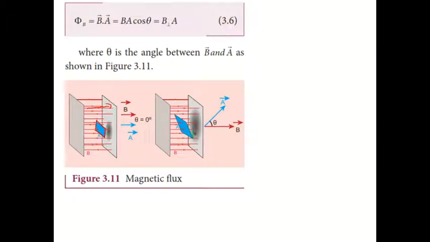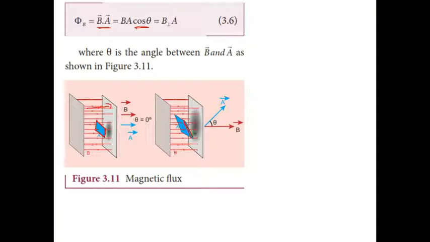So magnetic flux equals magnetic field into area. Suppose the plane which you kept is somewhat inclined, then the angle of inclination is needed: BA cos theta. If it is not inclined, it is normal, then just BA. B means magnetic field, A means area of the plane.